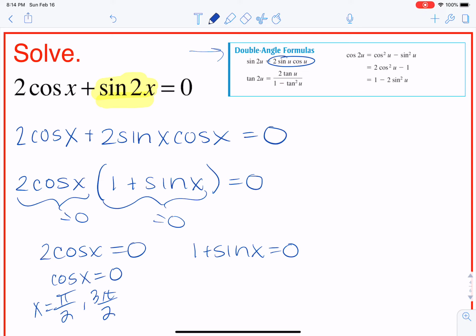So x is equal to pi over 2 and 3 pi over 2. And over here, I can subtract 1 from both sides. Sine of x is equal to -1. And I know that this happens when x is equal to 3 pi over 2.